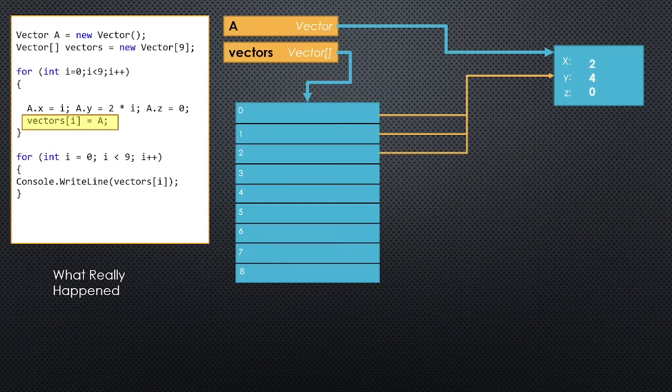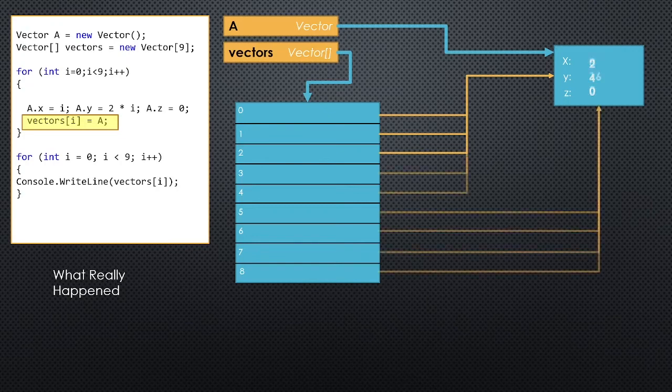It makes a link to the 2, 4, 0 copy, which is the same object. And if I do that the whole time, what I end up with is 9 references to the single object pointed to by A. And at the time that the code finishes the first loop, the value of that single object is 8, 16, 0.